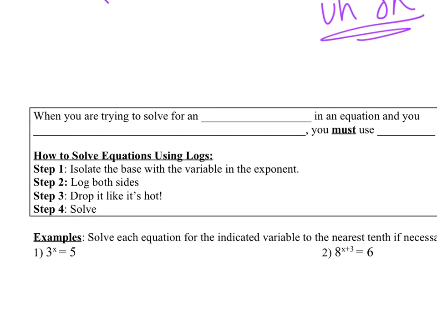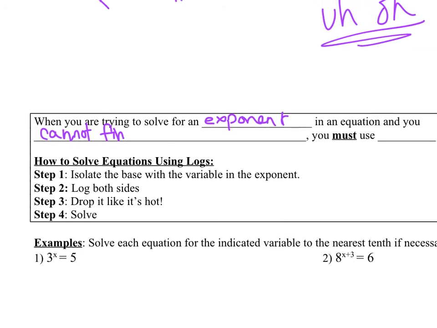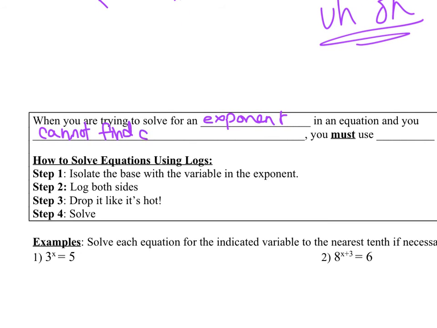So, what do we do when we are trying to solve for an exponent in an equation and you cannot find common bases? You must use logs. It's the only way. That's actually why logs exist. They exist to be the inverse of exponents.